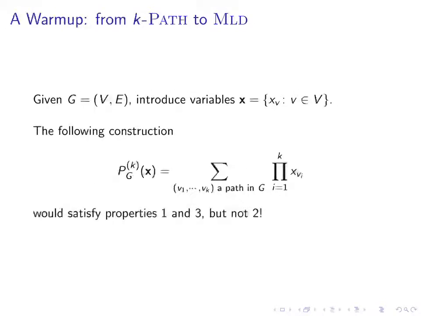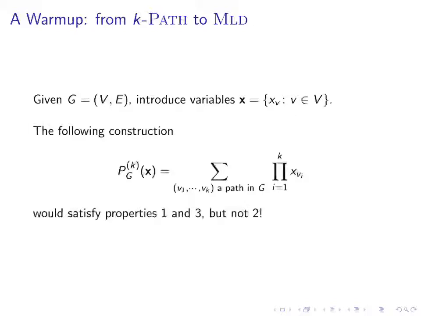As a warm-up, let's consider the k-path problem. To reduce k-path to multilinear detection, where k-path denotes the problem of determining whether a given graph has a path of size k, let's consider the naive construction by summing up the monomials, where each monomial is a product of all the vertices included.